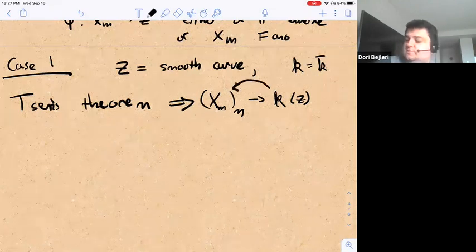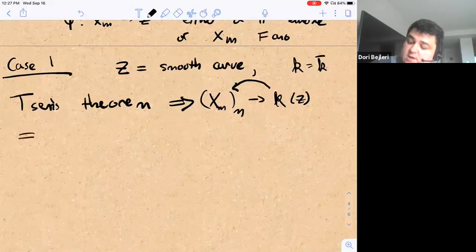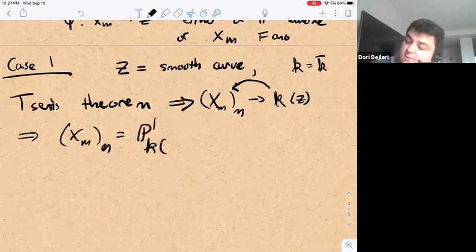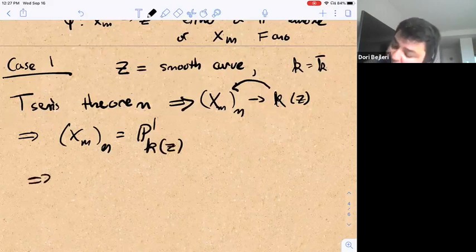So there exists some rational section, which implies that this generic fiber is actually P1 over this field. And that tells us that by taking the closure we actually have a section of phi.